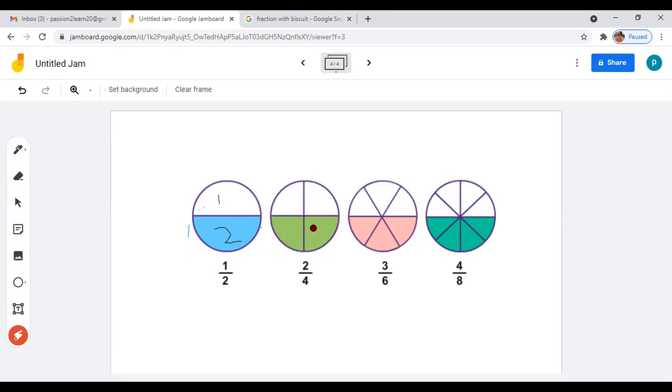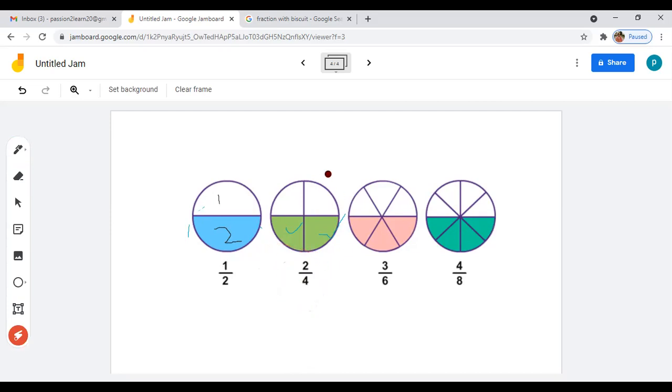One part and two parts. I'll take a small pen and do a tick. How many parts are shaded here? One and two. So we will write 2 of 4, which is nothing but 2 by 4.